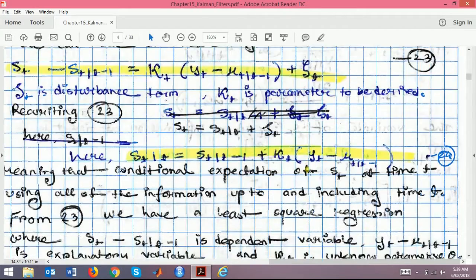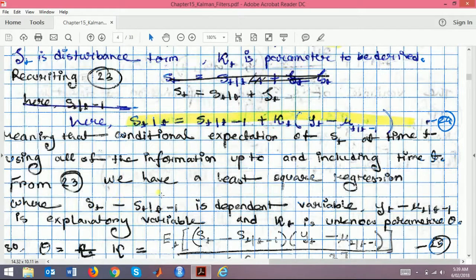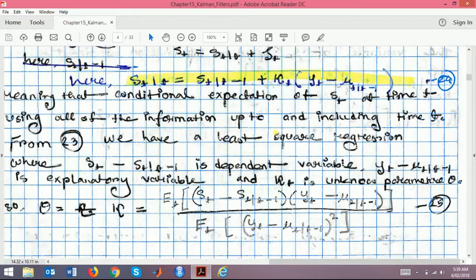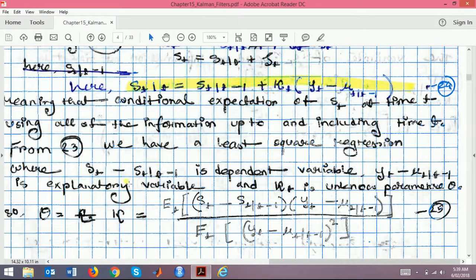Something we learned: this is the conditional expectation of st at time t using all of the information up to and including time t, and so we have a least squares regression equation where S1 minus S10 is the dependent variable and the prediction error is the explanatory variable.